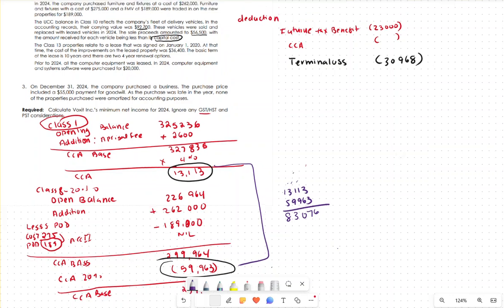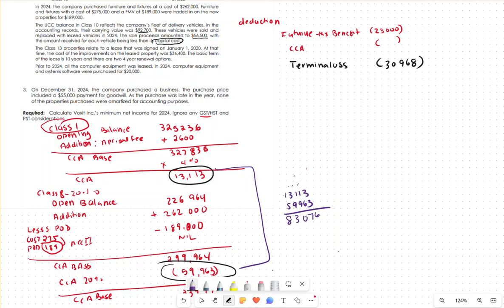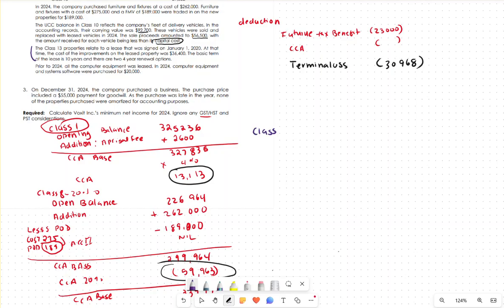I see there is class 13, and we also have class 14, which I didn't do. So let's go back and finish the other one. Let's look at my class 13. When you have a class 13, what did they say? That we have a lease and we are allowed one renewal.